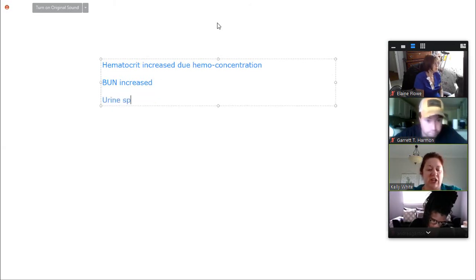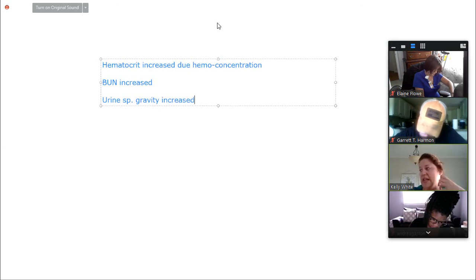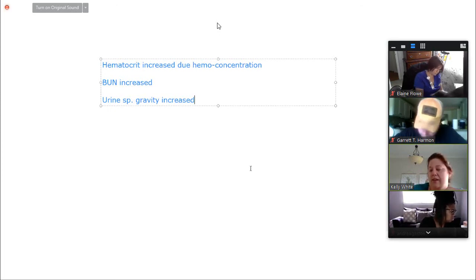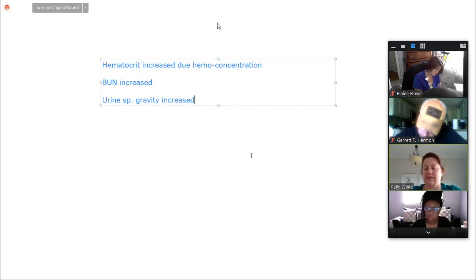Urine specific gravity is also going to be increased. So that's because your kidneys are trying to conserve and hold on to any water to keep what fluid it does have. So it's going to hold on to that water, but it's going to try and get rid of any excess solutes. So like excess sodium, it's going to try to get rid of.